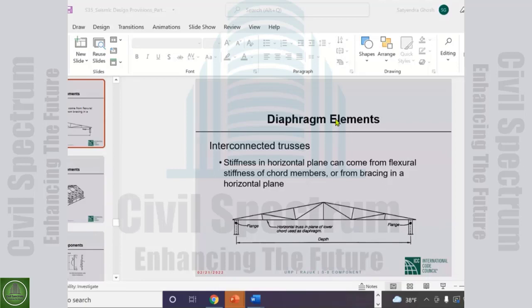Because Dr. Ghosh mentioned that podium slabs are sometimes some feet in thickness.